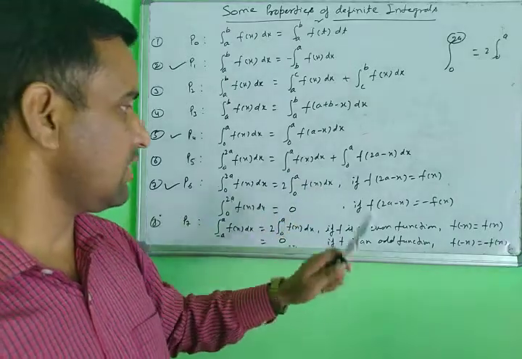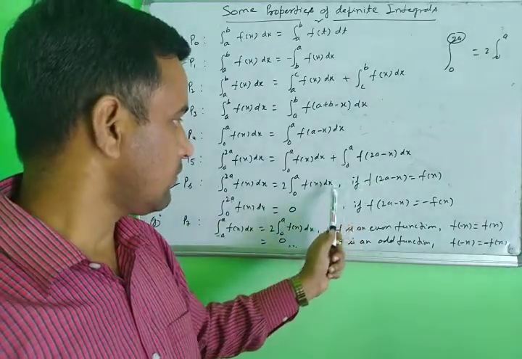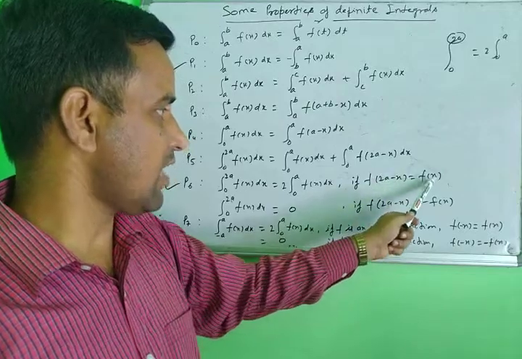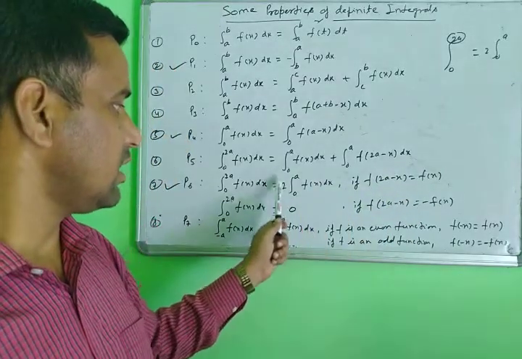But a condition is given: when f(2a minus x) equals f(x), then the result is this.